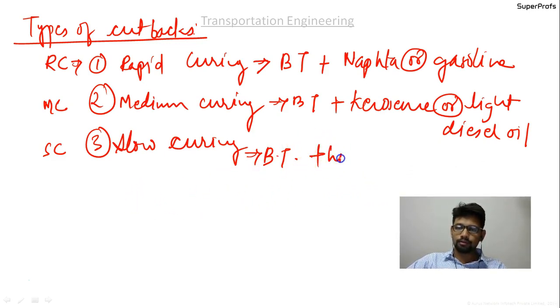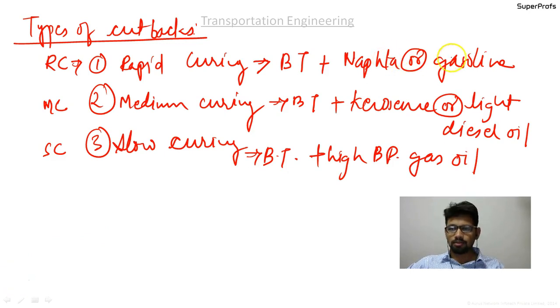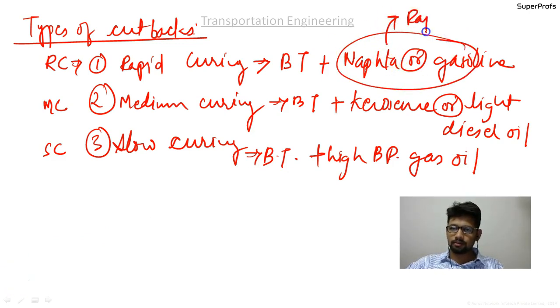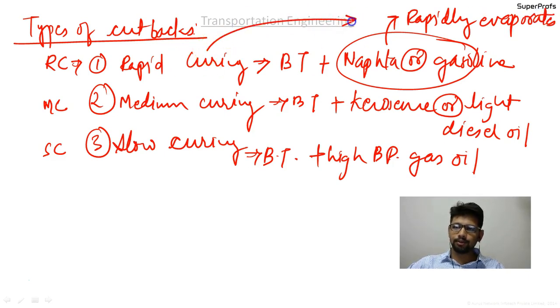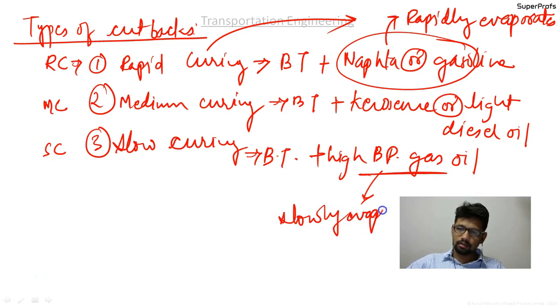So this one rapidly evaporates. That is the reason it is rapid curing. And this slowly evaporates, so this one is the slow curing.